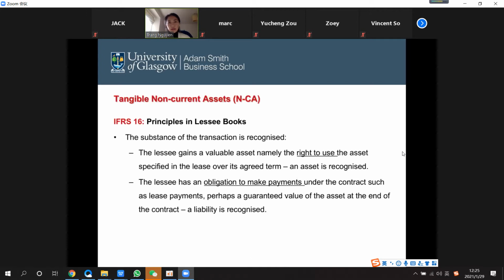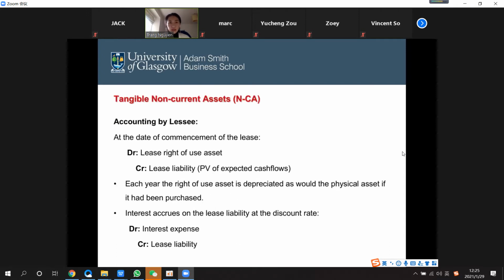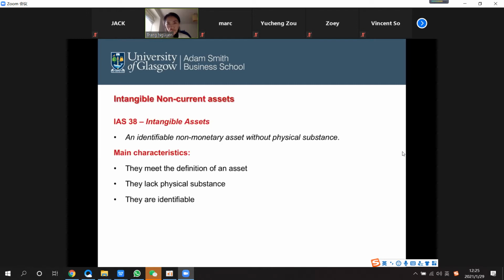Lease is a very common topic, and I will introduce and analyze some firms with leases in the financial statement analysis course. I think you will see me next week on this, but in another course. Okay, so now we move to intangible assets.